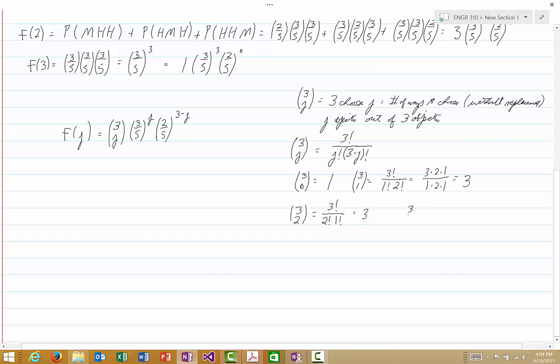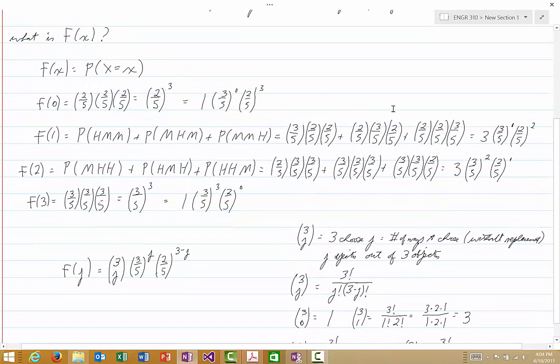And then finally 3 choose 3 is equal to 3 factorial over 3 factorial times 0 factorial, and since 0 factorial again is equal to 1, then 3 factorial over 3 factorial times 1 is 3 factorial over 3 factorial, which is 1. And so you see that if we use this formula, the coefficients will work out exactly correctly. 1, 3, 3, 1, just as they did up here.